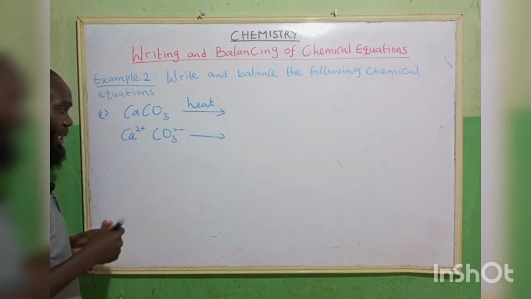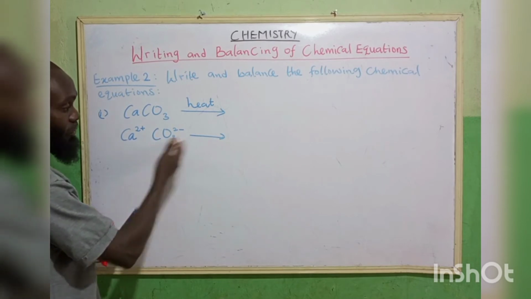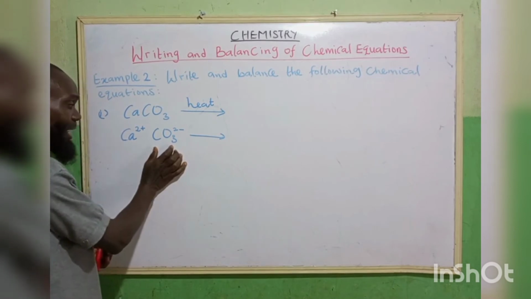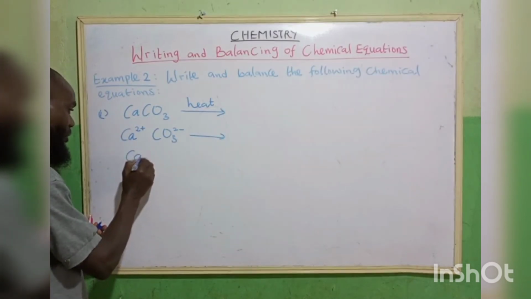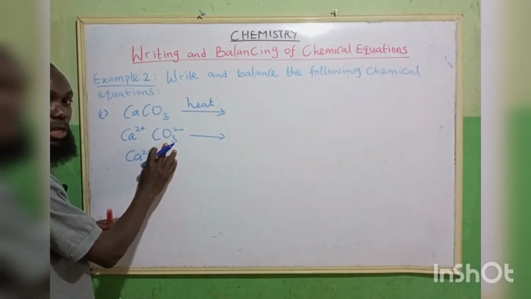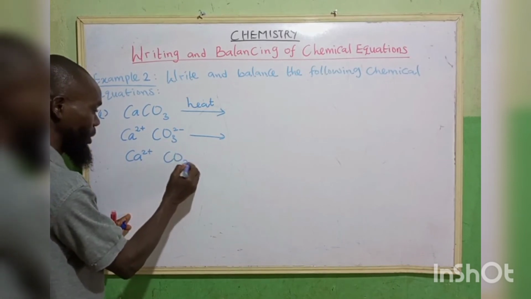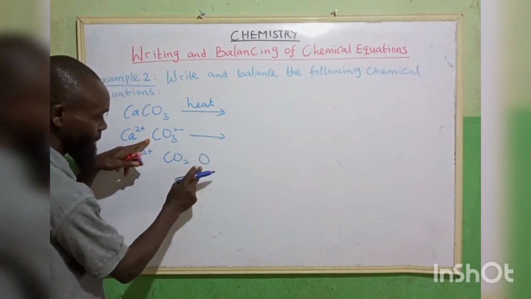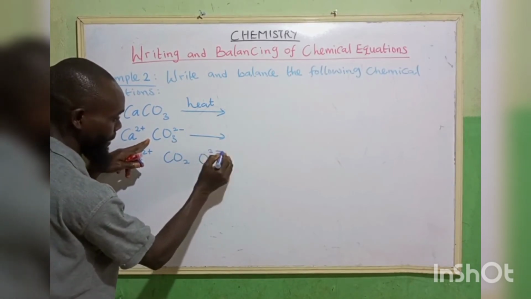But here, CO3 cannot form at the product. What we're going to do is break this down further. So we have Ca2 plus, a gas will be coming out from here, CO2. Then when we remove CO2, one oxygen remains, O. That oxygen is having this charge of 2 minus.